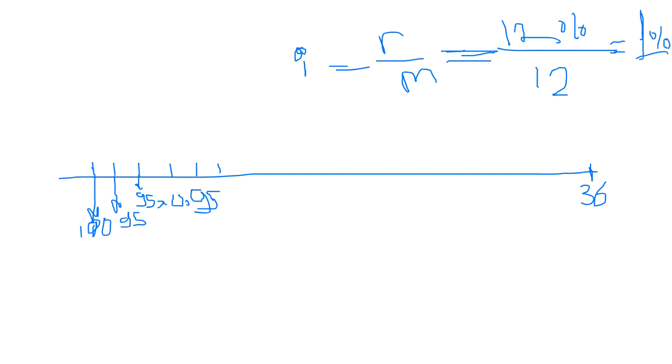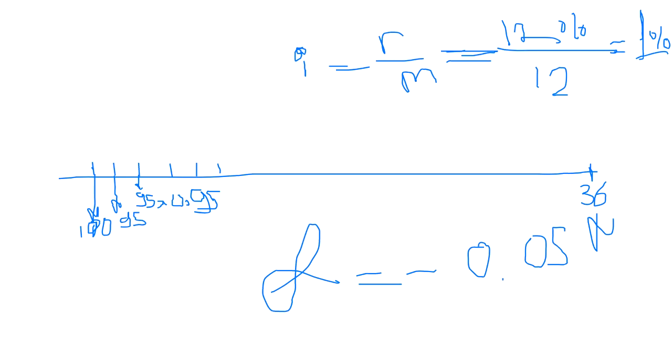So there are 36 periods. 1% is my interest rate. And I have a geometric series. However, this time the rate of change f is equal to what? Minus 0.05, right? Every consecutive payment is 5% less than the previous payment.